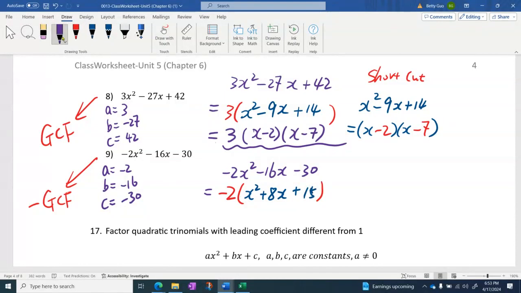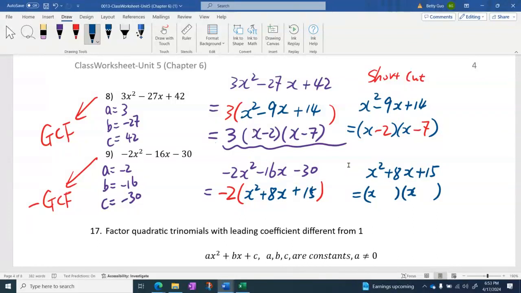If I'm not sure, I can double check. Negative 2 times x squared, negative 2x squared. Negative 2 times 8x, negative 16x. Negative 2 times 15, negative 30. Okay, I will let you help me to factor this blue trinomial in the parentheses, x squared plus 8x plus 15. The shortcut method applies here as well, because the blue trinomial has the leading coefficient 1.